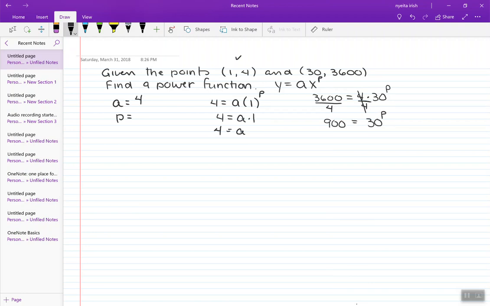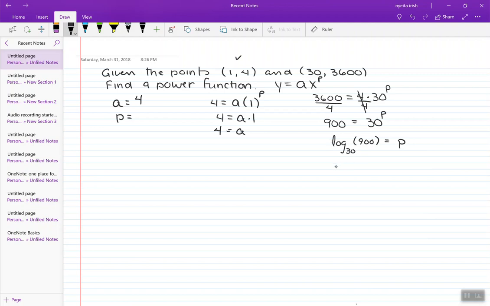So now you have two options. You can either look at this problem and go, okay, I know what p is just by looking at it, or since you are looking for an exponent, you could use logarithms to help you out. You could do log base 30 of 900 equals p, type it into your calculator, and then figure out p that way.